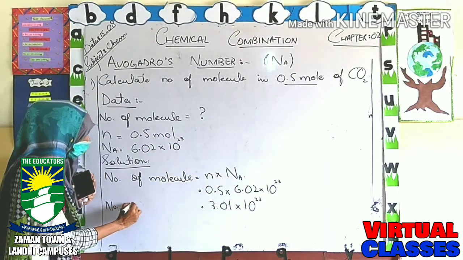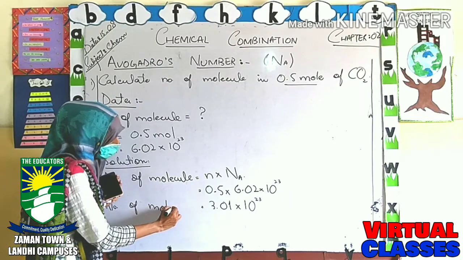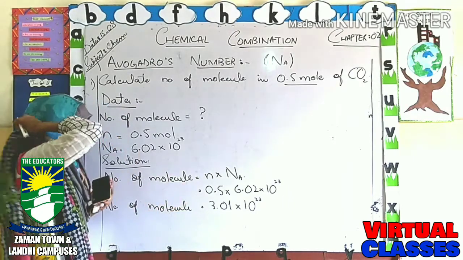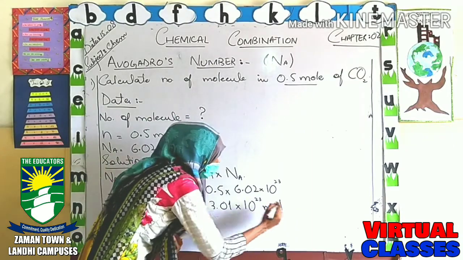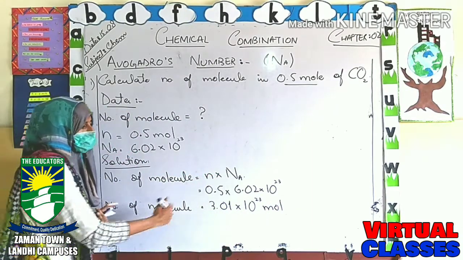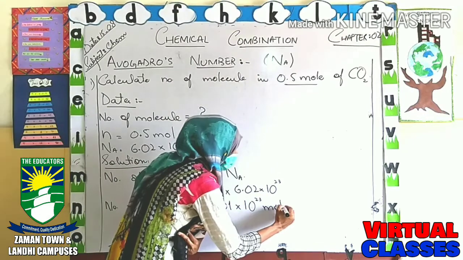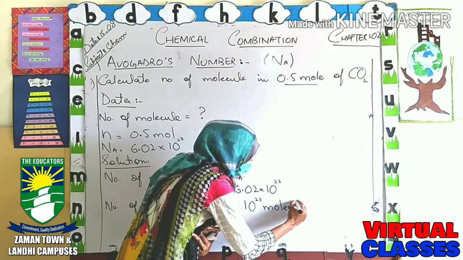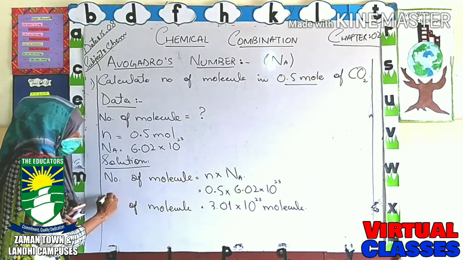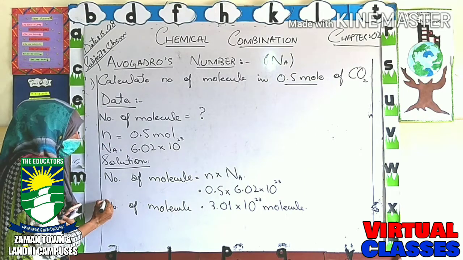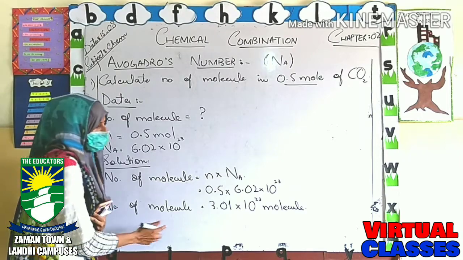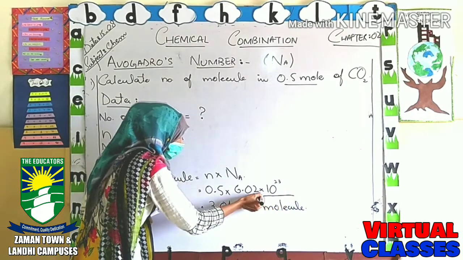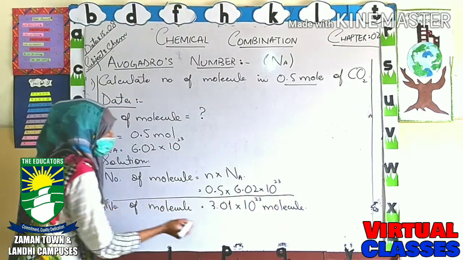Then the number of molecules, how many molecules is 3.01 exponent 23. You are finding molecules here, so write how many molecules. This molecule. Okay, then block the answer by using escape with a blue mark. Like this.